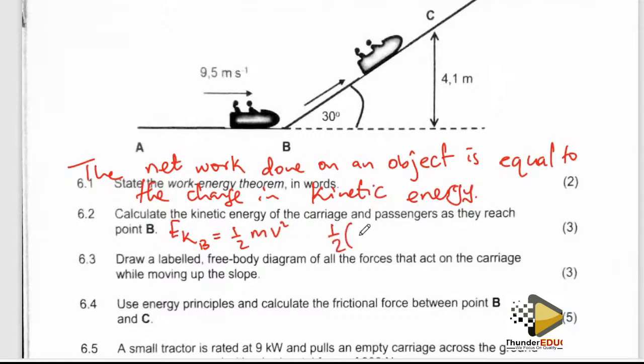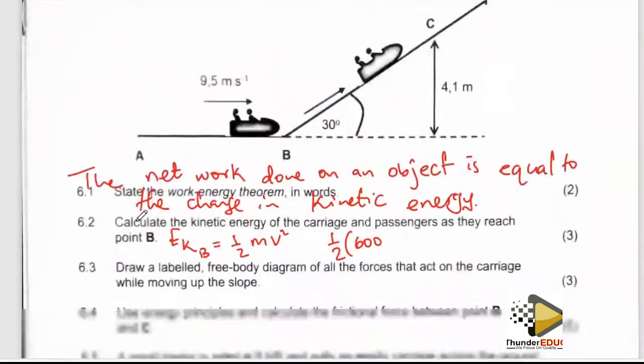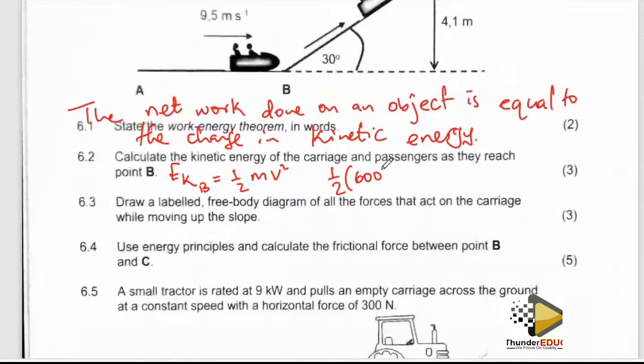So that's a half, the mass was 600 according to the information. The velocity is 9.5 squared. So 600 times 9.5 squared, I'm getting a very big number. That is fine. It's 27075.